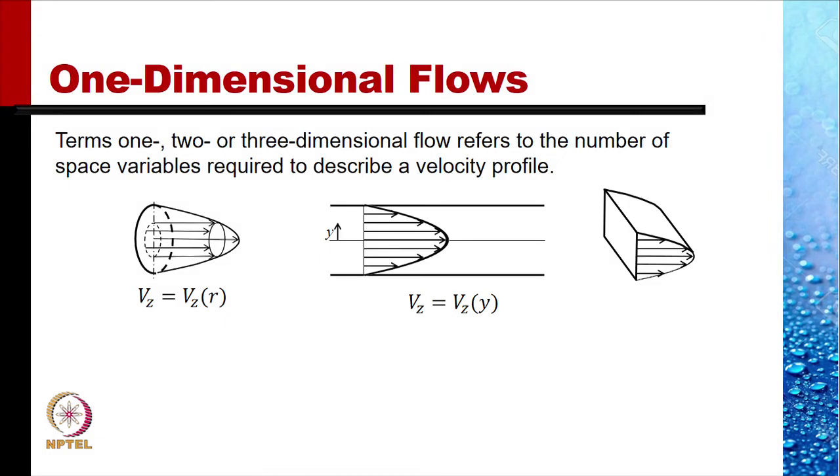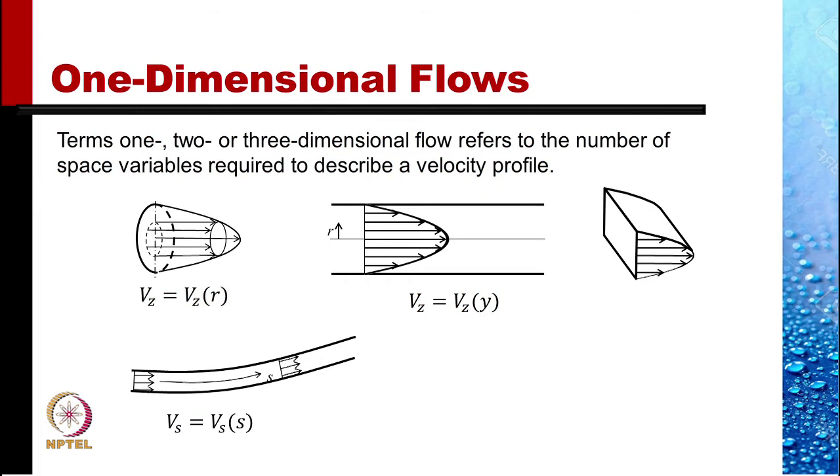That's why this is called a one-dimensional profile. Similarly, if we have a channel made of two parallel plates, the velocity profile Vz is a function only of y, the distance from the central axis. This is also a one-dimensional profile.